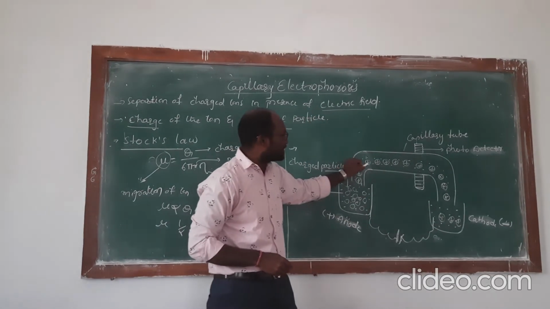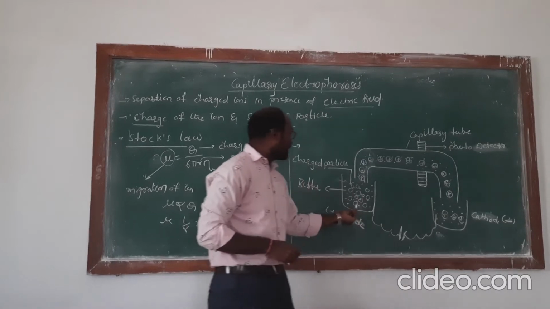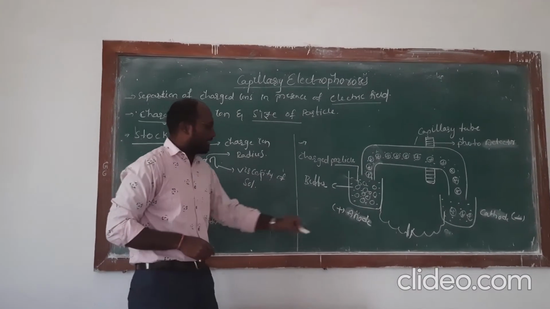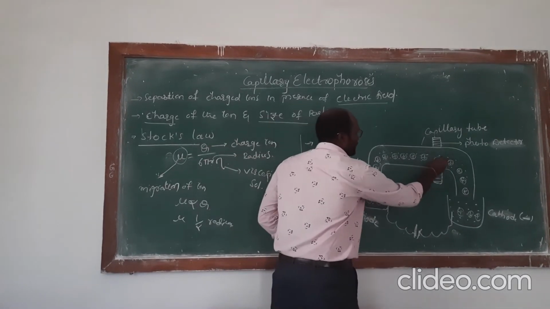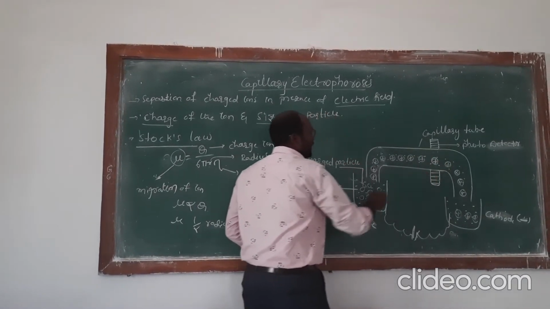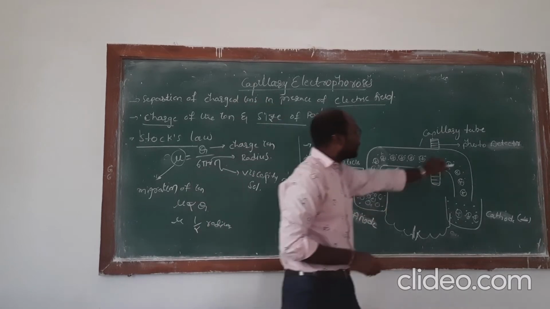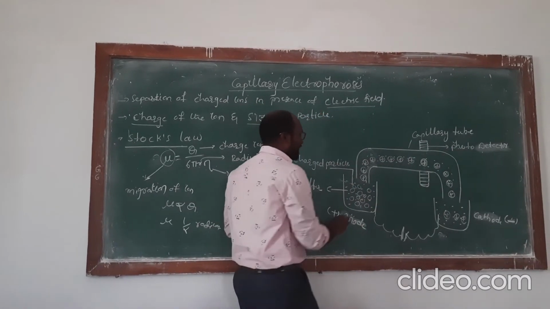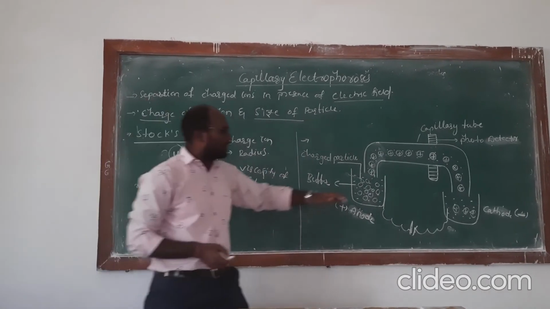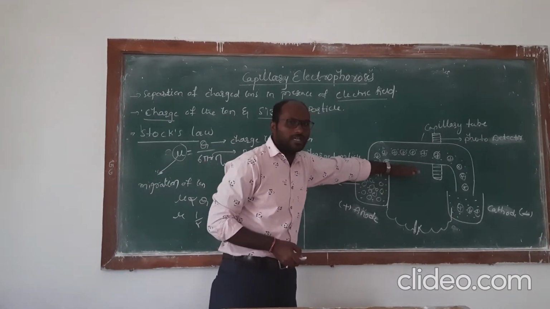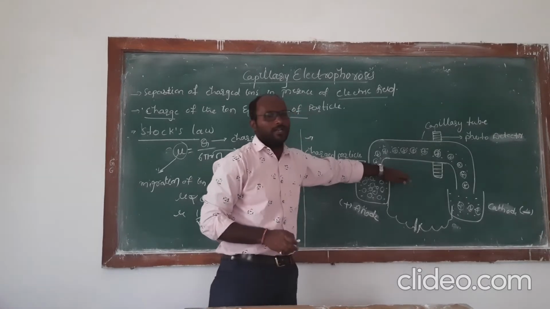The positive charges move towards the cathode and the negative charges remain at the anode. The size and the charge of the ion are determined using a photodetector. When these ions travel through the capillary tube, the photodetector scans the charge and size of the ion.